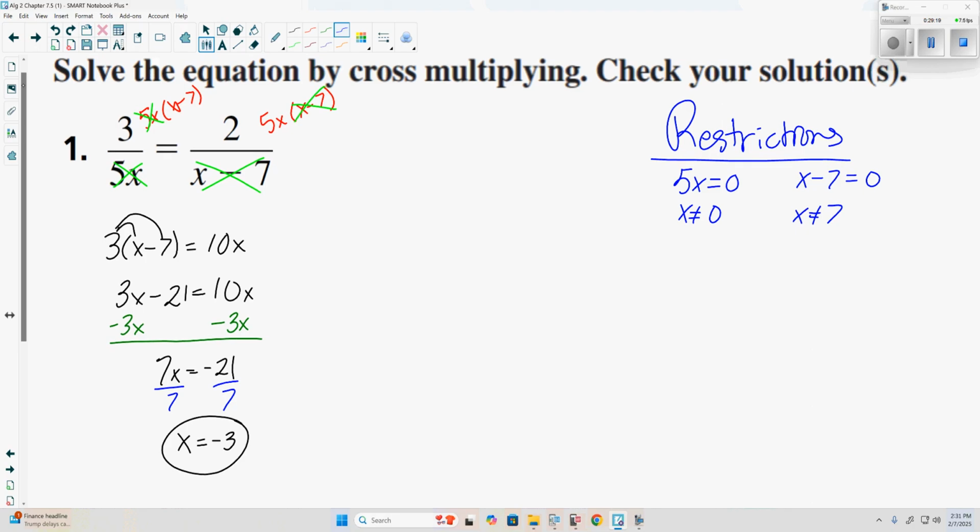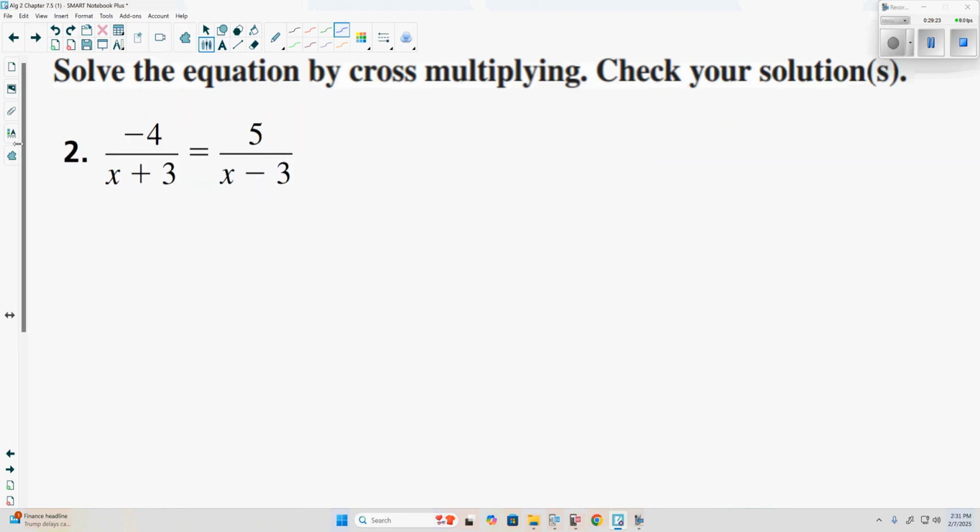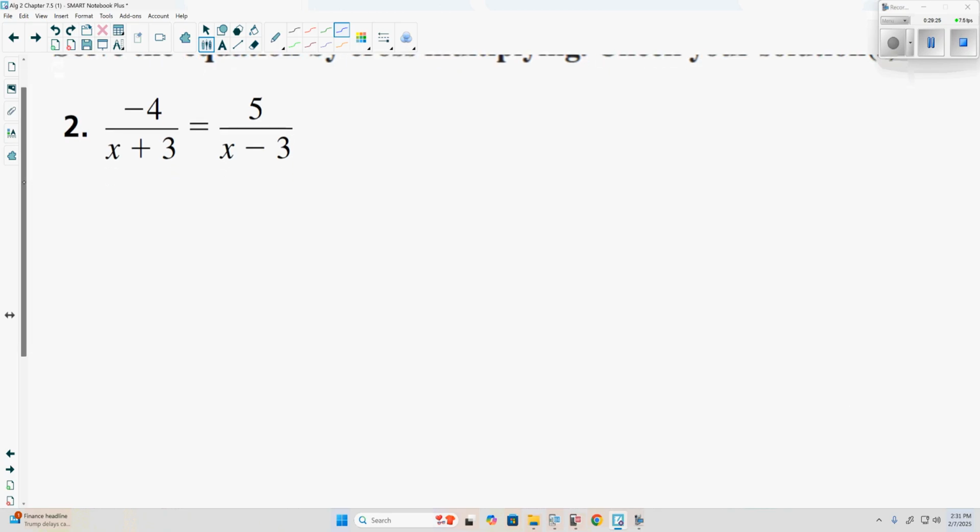Questions on this so far? Negative 4 over x plus 3 is equal to 5 over x minus 3. So really, it's saying for our restrictions that x plus 3 can't be 0 and x minus 3 can't be 0.